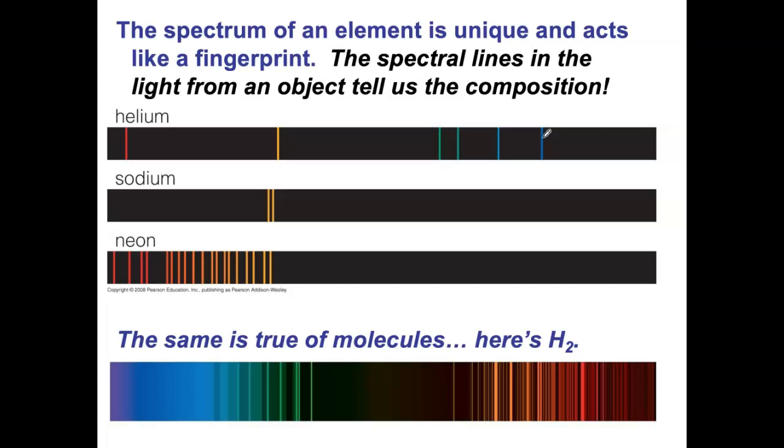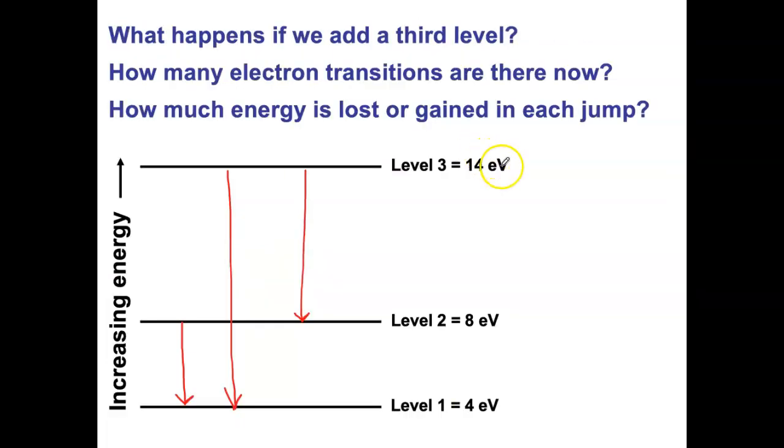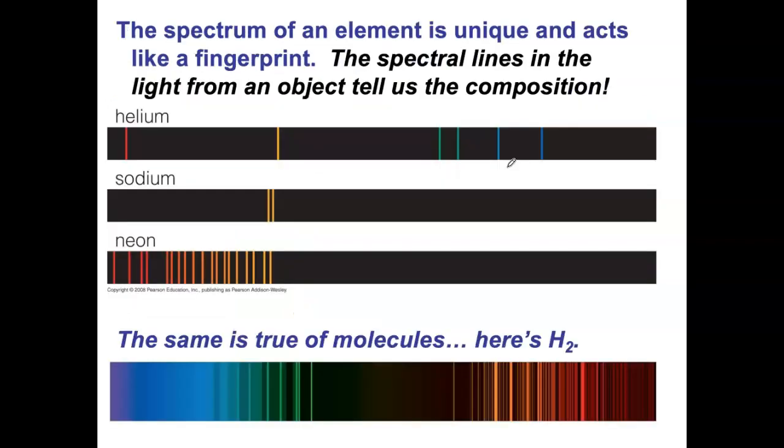And since they have different energy levels, essentially every atom has different numbers here. And since every element has different energy levels, when the electrons drop back down, each element gives off different energies of photons, different wavelengths of light.